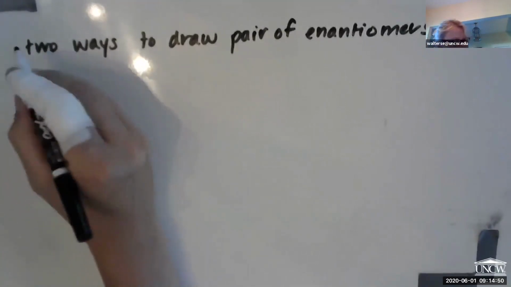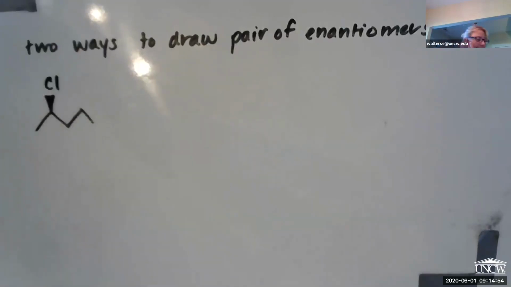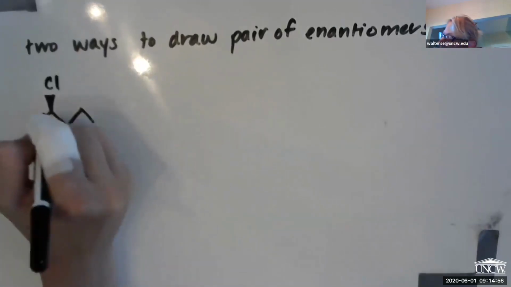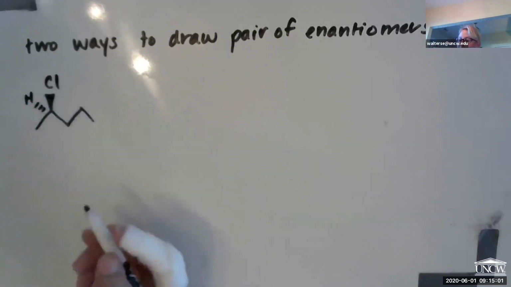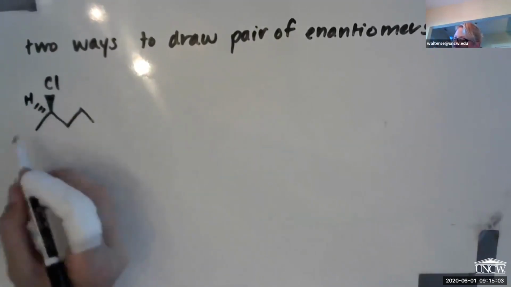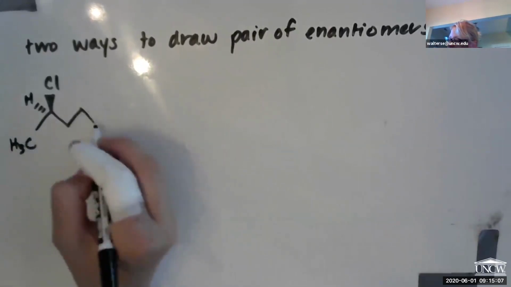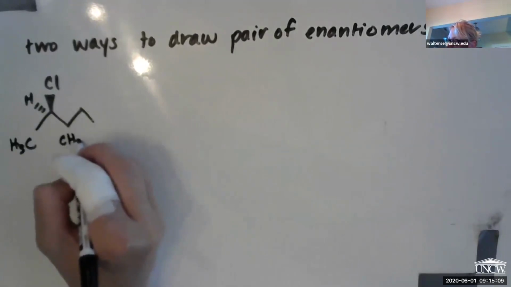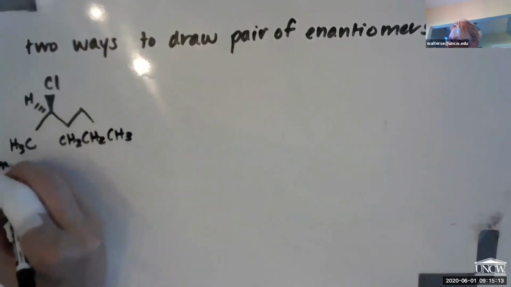Okay, and so we're going to put chlorine here. Okay. And again, it's always nice at the start to remember to draw your hydrogen on the dash. And remember that a CH3 methyl is not equivalent to a CH2CH2CH3 propyl.